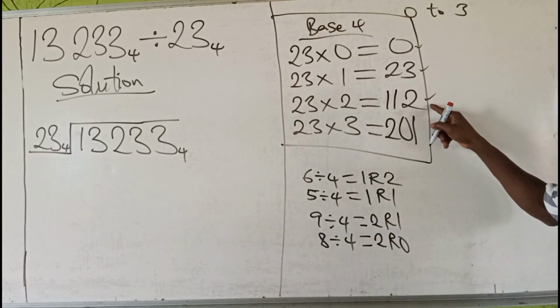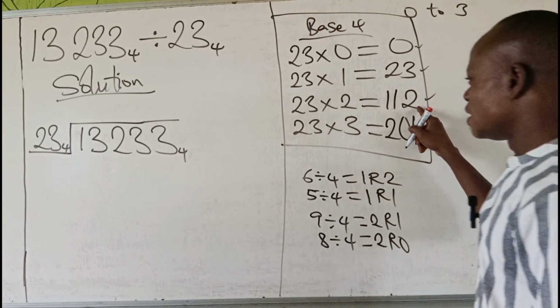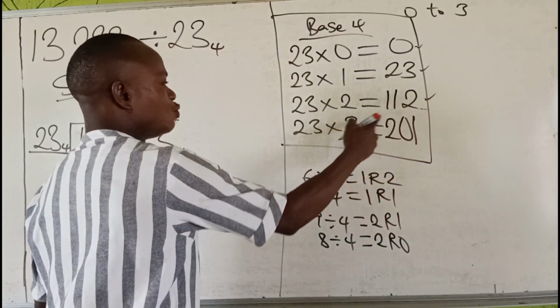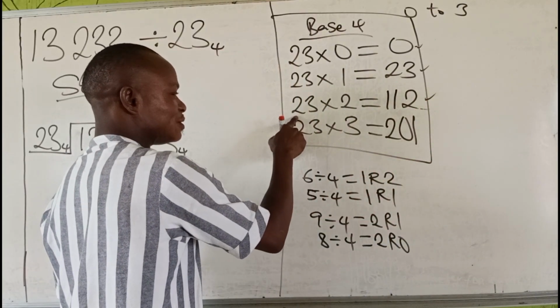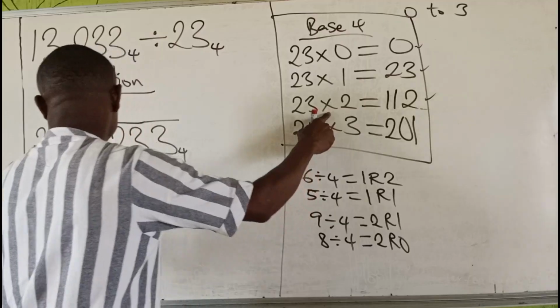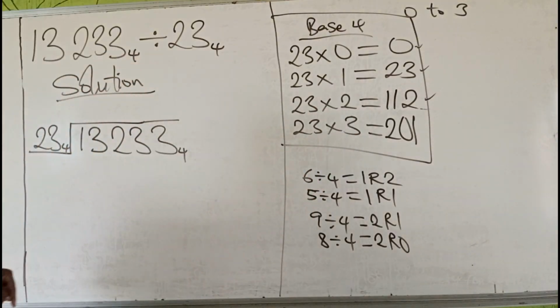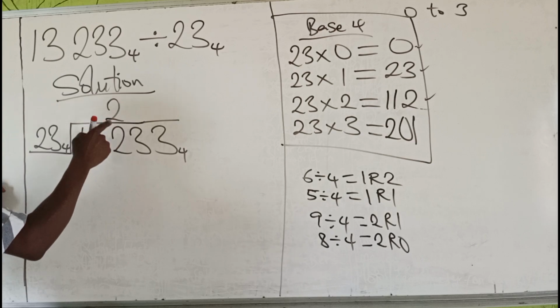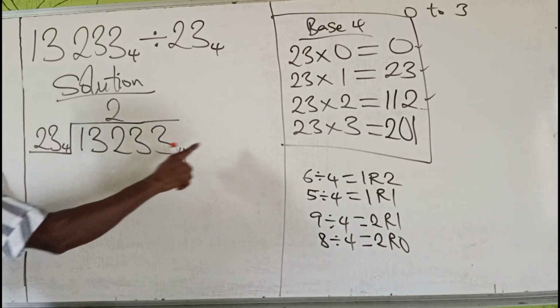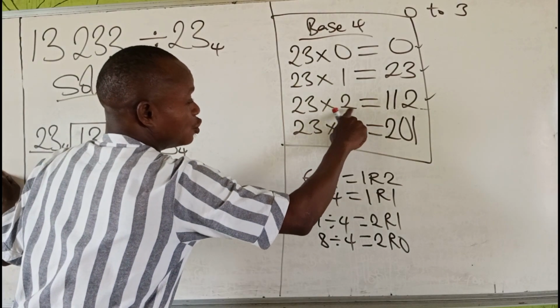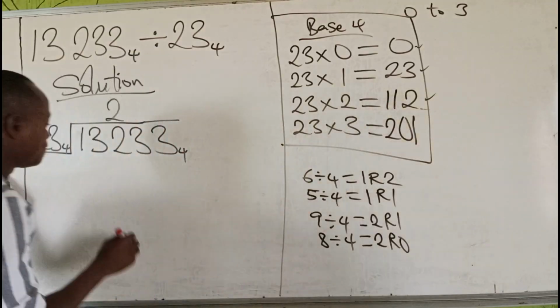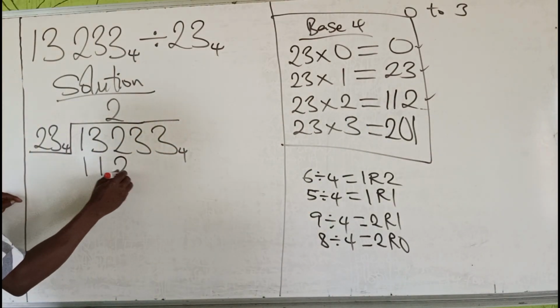We take the largest, in this case 112, and that 112 is obtained when 2 multiplies 23. That means 132 divided by 23 is 2. So we pick 2, and 2 times 23 in base 4 is 112. So we have 112 here.